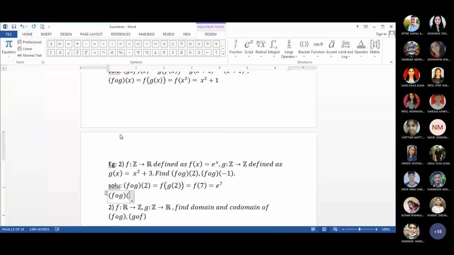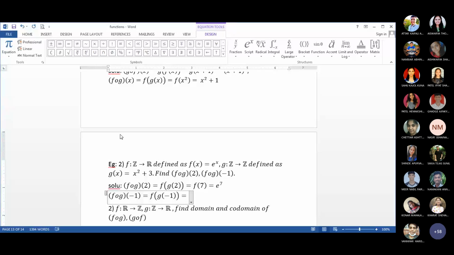Next, f composed with g of minus 1. So that is basically f of g of minus 1.